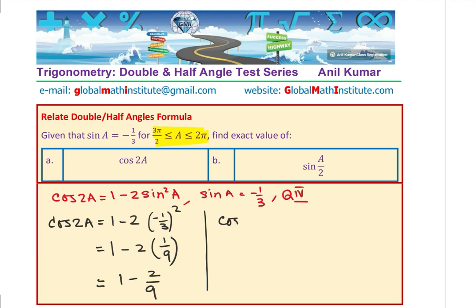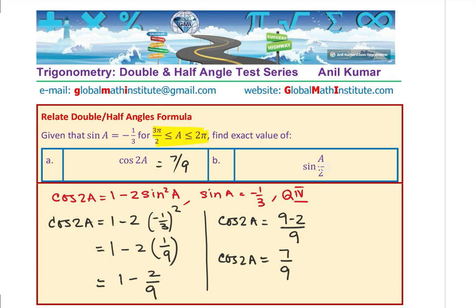Cos 2a is equal to 1, you can take a common denominator 9, minus 2 over 9, which is 7 over 9. So we get cos 2a as equal to 7 over 9. We got the first answer, which is 7 over 9, and it is going to be positive, as you can also see from the calculations done.